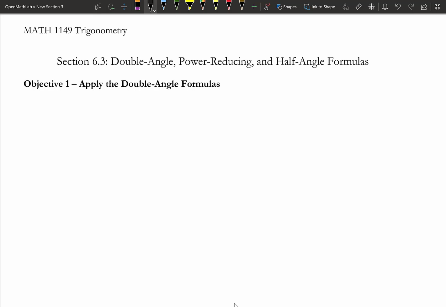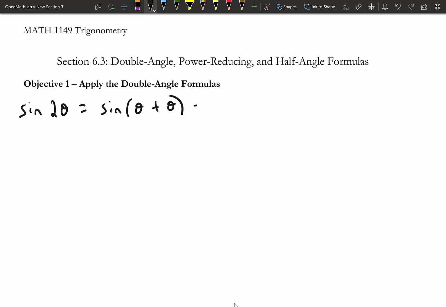So if I have, for example, sine of 2 theta, this would be the same thing as sine of theta plus theta. So basically u and v are equivalent; they're all equal to theta.